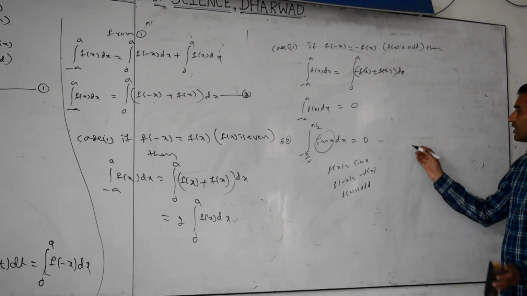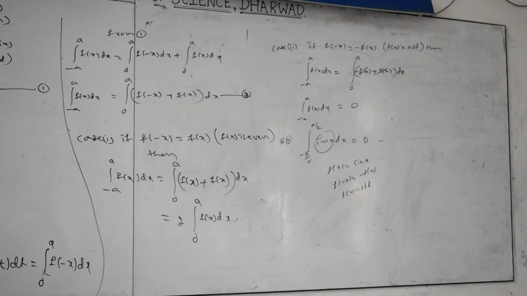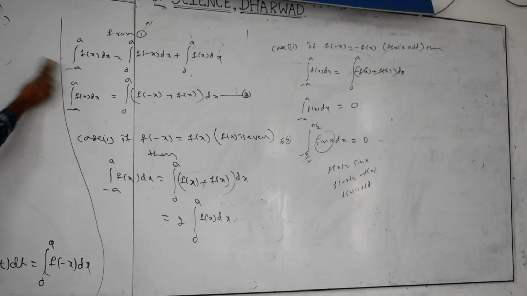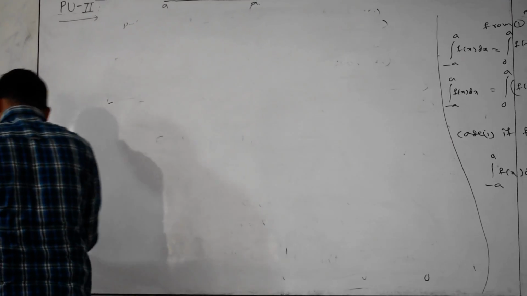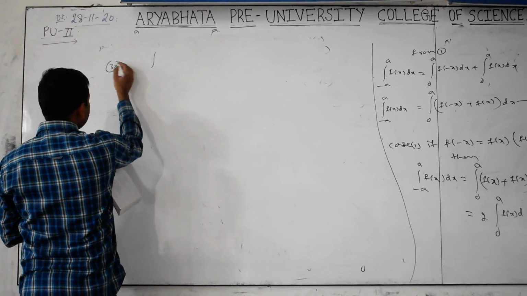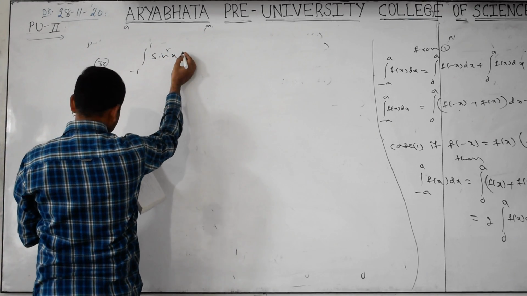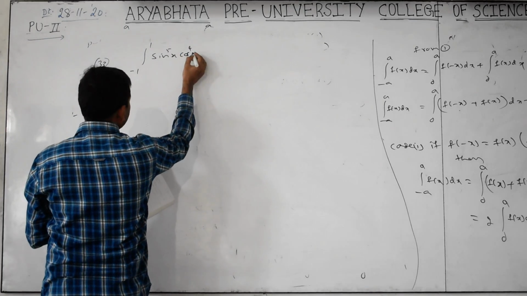Next, integration of some problems in the next group. Example 33: integration from minus 1 to 1 of sin power 5x cos power 4x dx.